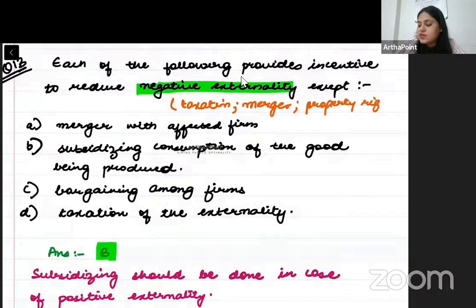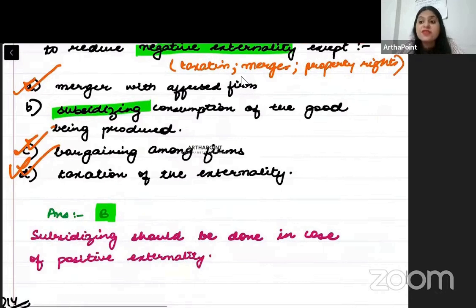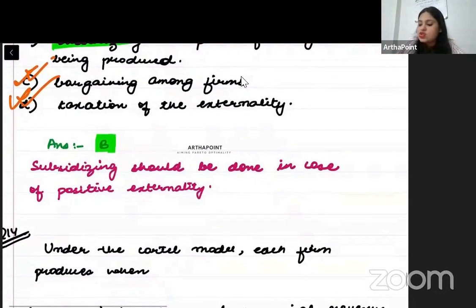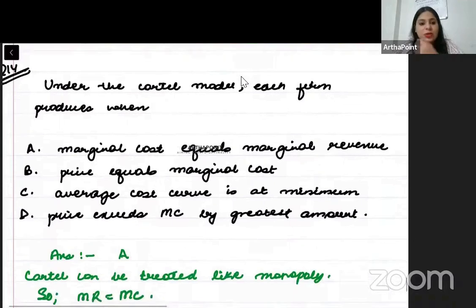We have studied all of this, no? These are all the ways to deal with negative externality. So merger can help us, bargaining can help us, taxation can help us, but not subsidies. Subsidy is only for positive externality. So subsidizing should be done only for positive externality. Come to the next question.